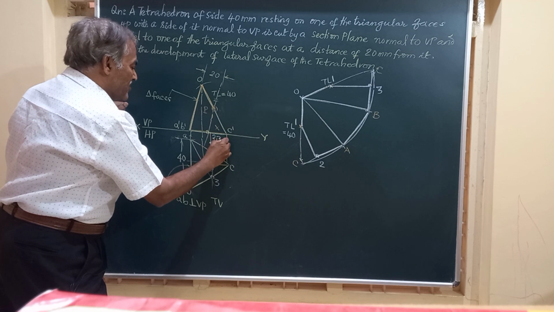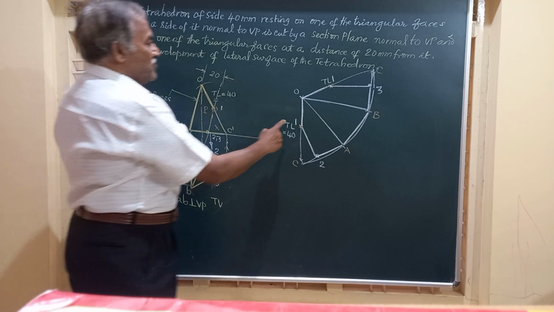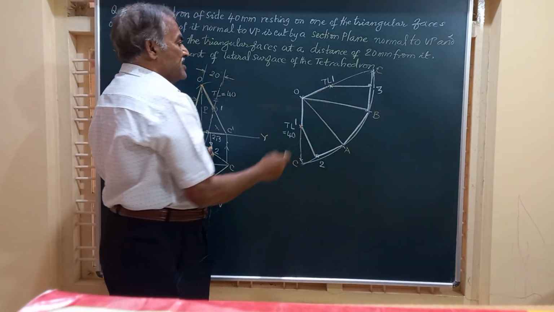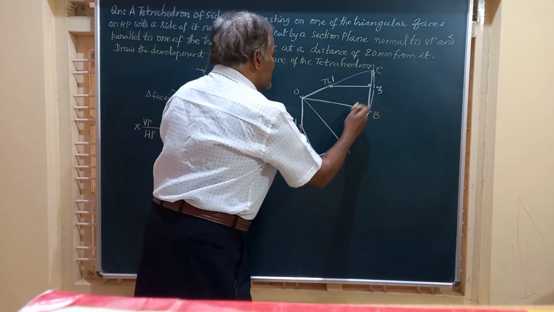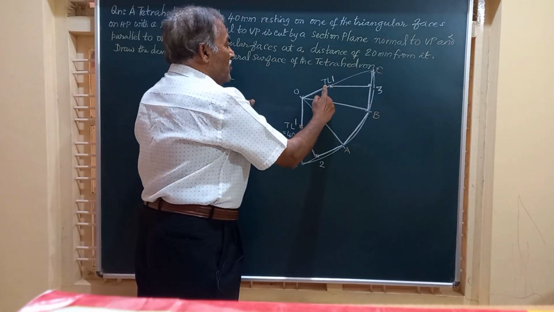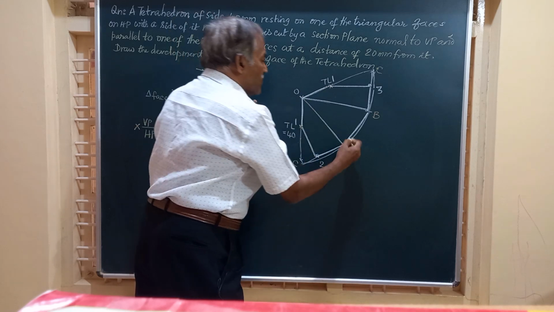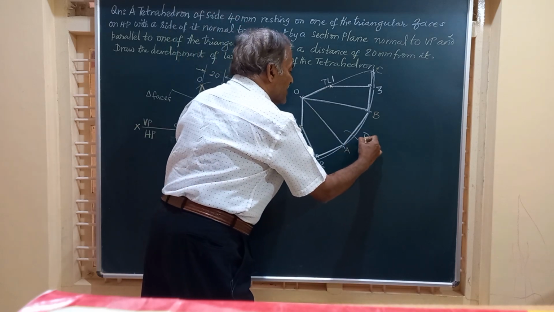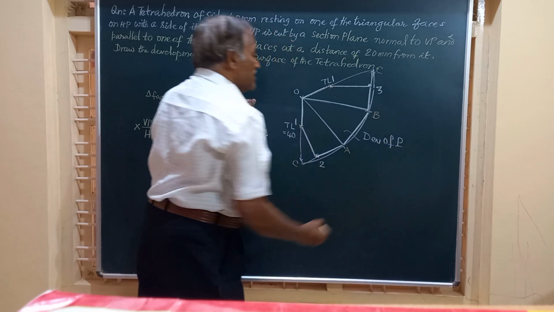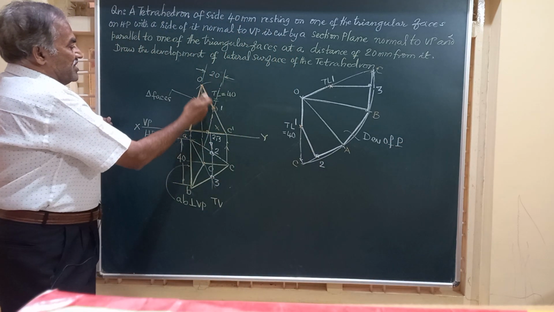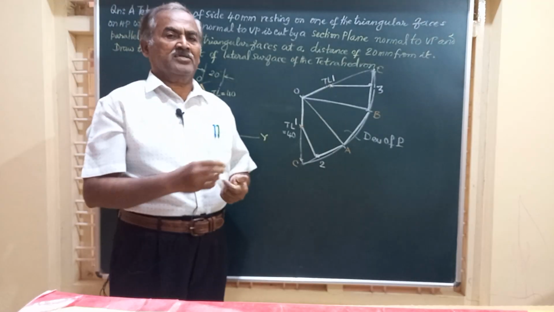And finally on OC you have got 1. 1, 2, 3. We joined all these points, and friends, this figure O1 3 B A 2 1 and O will give you the development of P, this part, the development of this part, which is shown in dark lines.